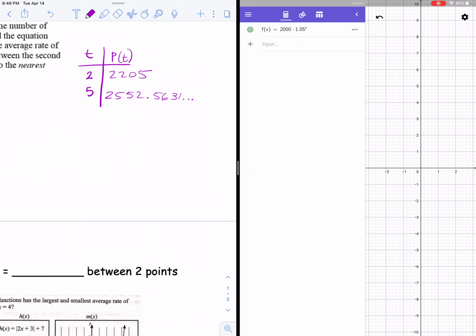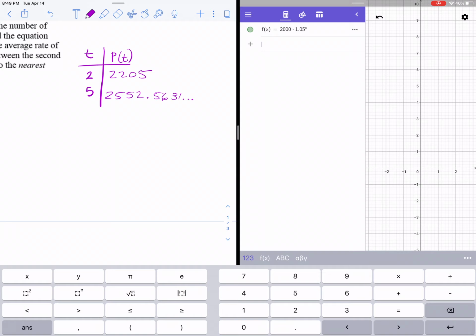My change in y is going to be that 2552.5631 minus the 2205. That'll give me my change in y, 347.5630.